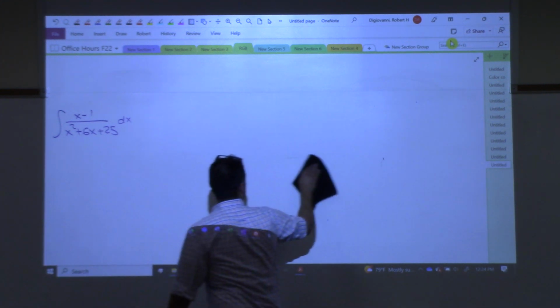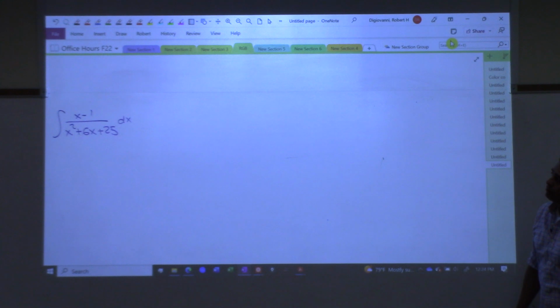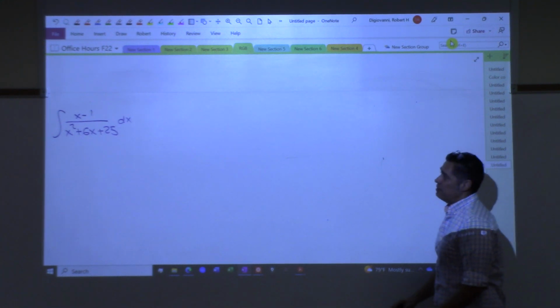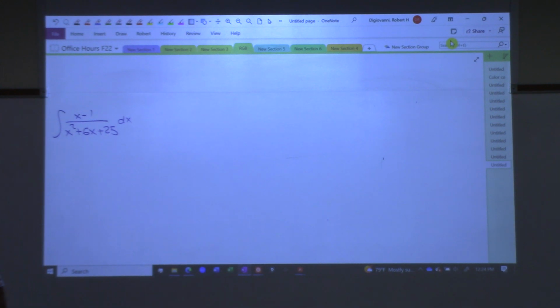Okay, here we go. I'm looking at this, and I see a linear over a quadratic. So I'm going to first check, can I factor the quadratic? That's not reducible, so you can check, this doesn't factor. So I'm not going to be able to split this up and do A over the first factor, B over the second factor. Can't do that.